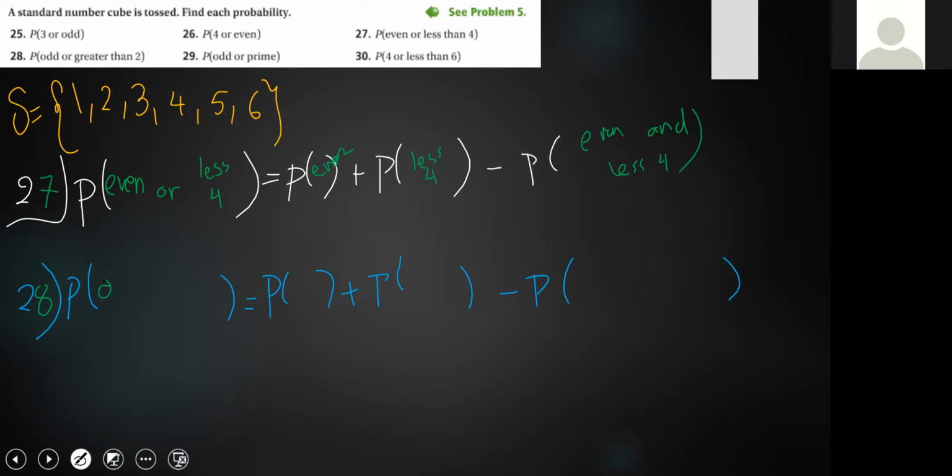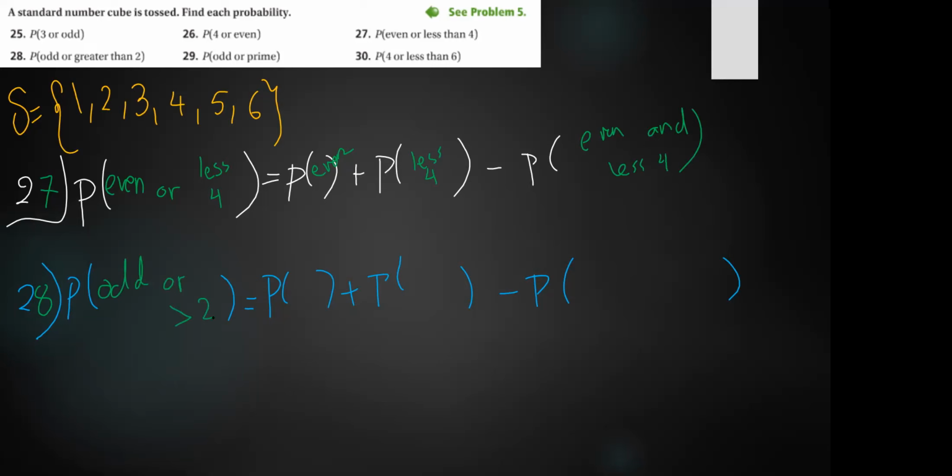Number 28: odd or greater than 2, minus odd and greater than 2. Let's do number 27 first.